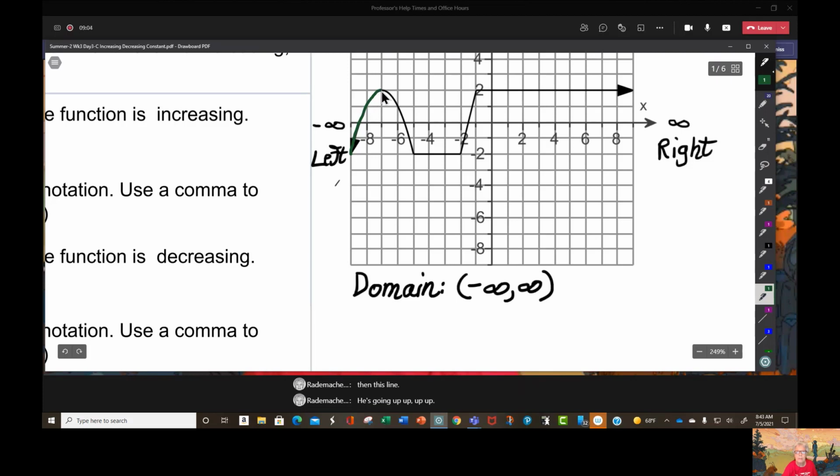And it stops going up there. Now notice that, yes, this goes down, but if we're reading from left to right, then this is going up.